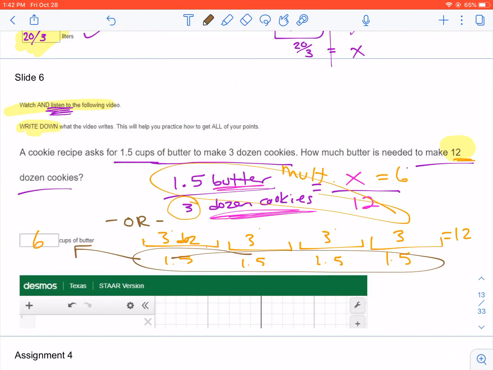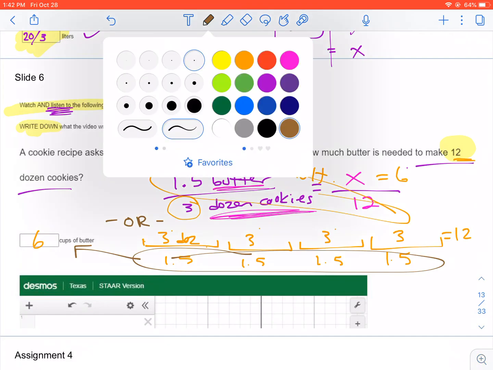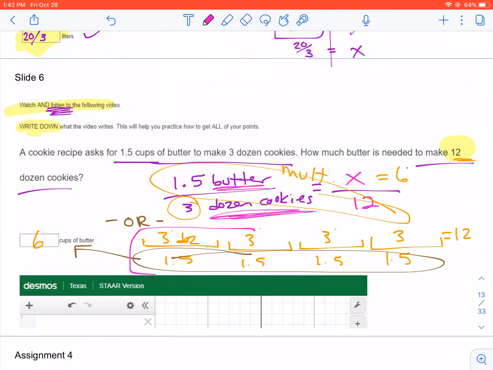If you just do that bottom way that I showed you, that I am going to circle in this lovely pink color right here, actually kind of box it, equals 6, that's also okay. You are welcome to do that instead of the proportion, but the proportion, in my opinion, is a little bit easier, and again, will be more consistent.